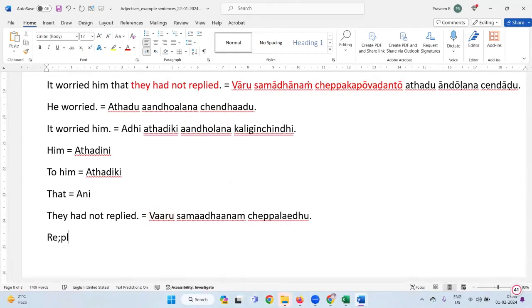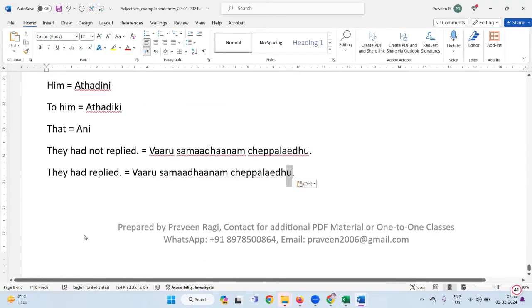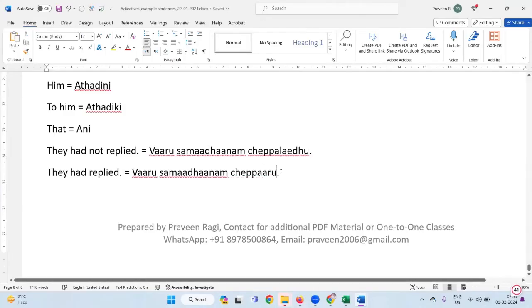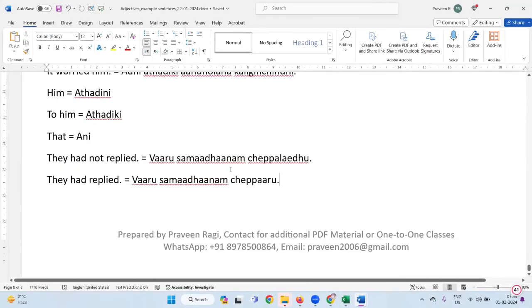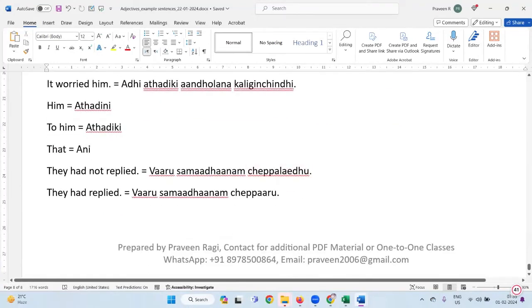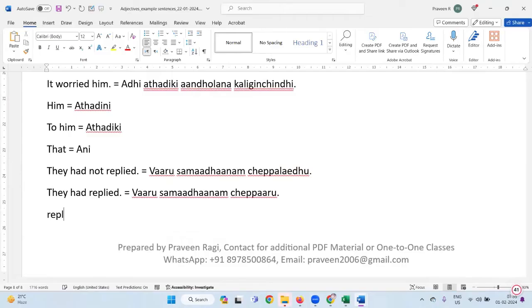So replying. Okay, let me write the positive sentence. They had replied. వారు సమాధానం చెప్పారు. This is positive sentence. Okay. Now this చెప్పకపోవడం, చెప్పడం, those are the gerund meanings. Replying, సమాధానం చెప్పడం.